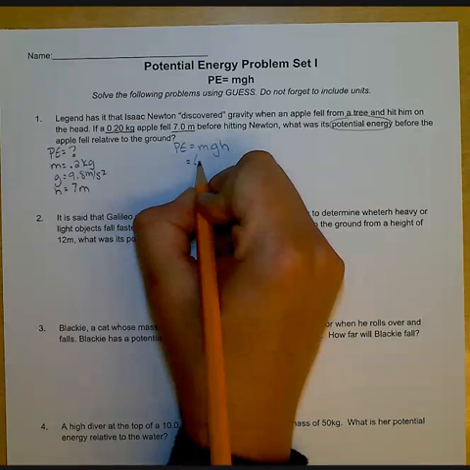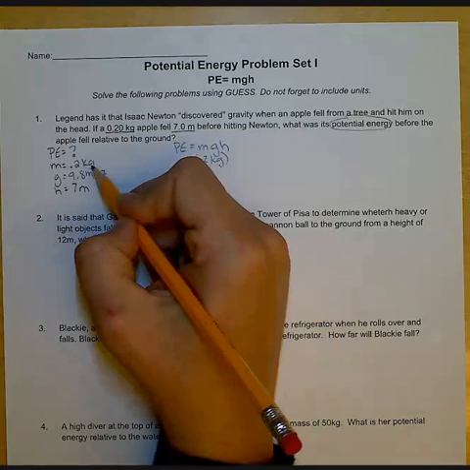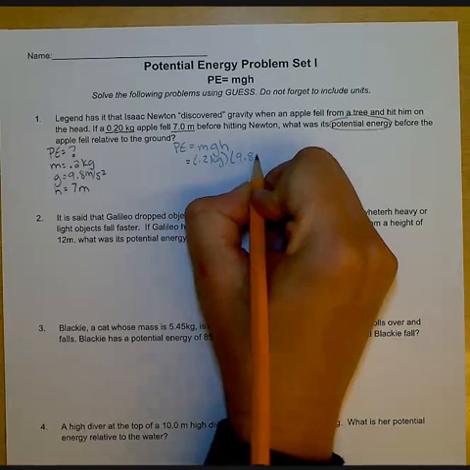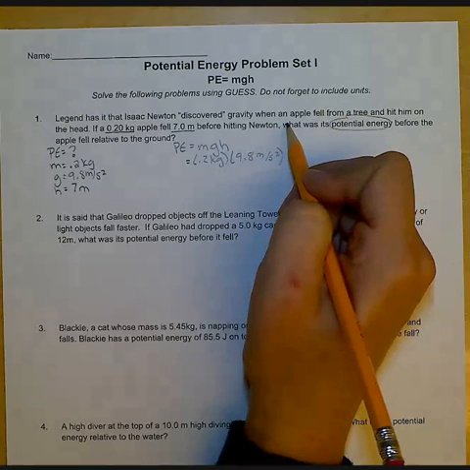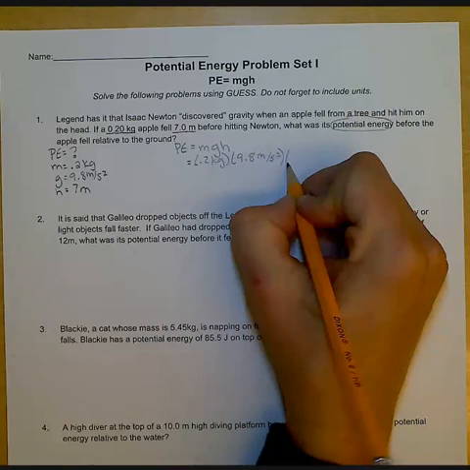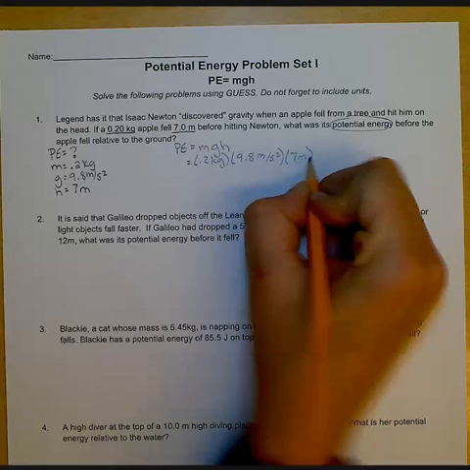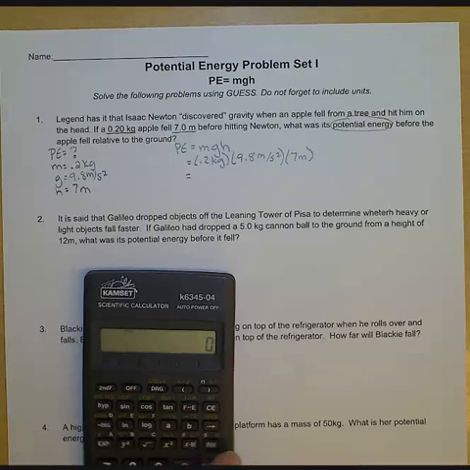So my mass is going to be 0.2 kilograms, and I can get that from here or from my equation. My gravity is going to be 9.8 meters per second squared. And again, that's not in the reading part, but that's something that we know occurs on Earth. And my height is going to be 7 meters. So I'm going to take my calculator and plug those numbers in.